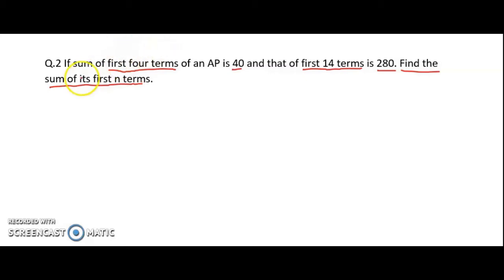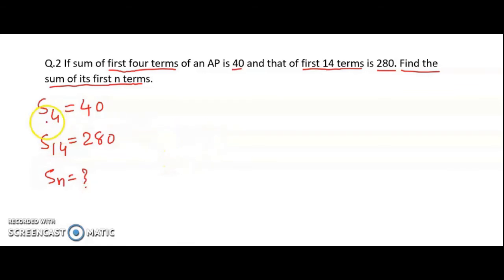First of all, write down the given data. The sum of the first 4 terms, S4, is 40, and the sum of the first 14 terms, S14, is 280, and we have to find Sn. Let's take S4 equal to 40.